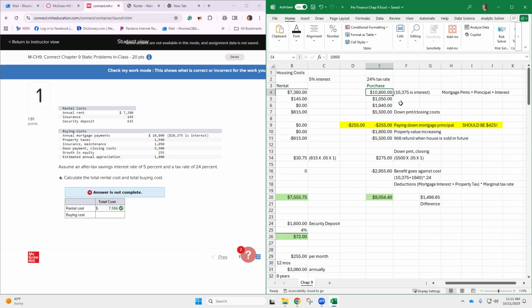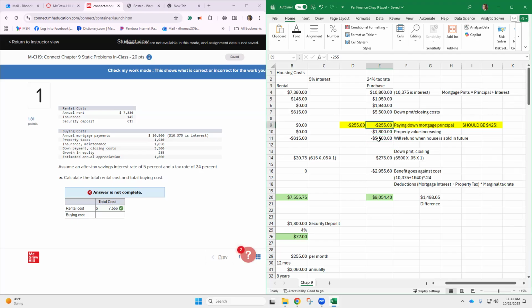Okay, so when we get down there, I'll explain it again. So one more time, $10,800. We've got $1,050 for our insurance premium. We've got property tax of 1940. We've got our down payment of 5,500, but just like the deposit, we are assuming that's going to come back to us.